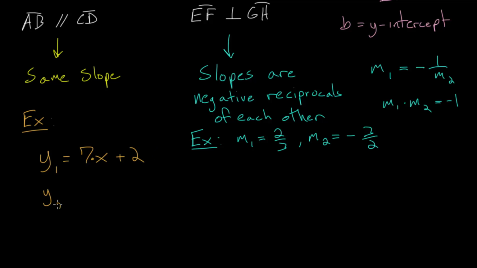And for line 2, y2, it would have to have the same slope. So the number multiplied by x would also be 7, but its y-intercept could be anything else. Let's say minus 11. So remember, y-intercept is just when you plug in x equals 0, and then the y value is equal to whatever you're adding or subtracting at the end. So parallel lines are fairly straightforward. They have the same slope.